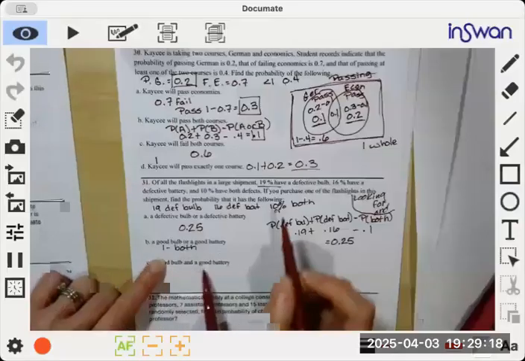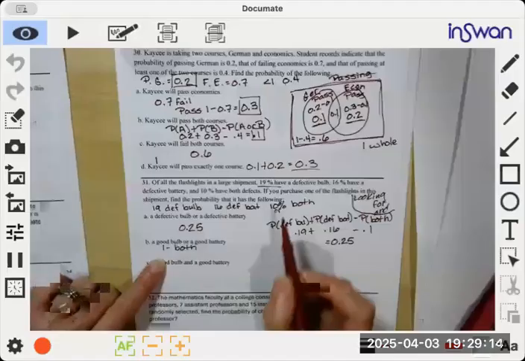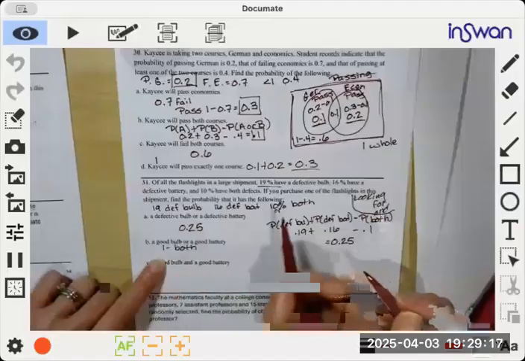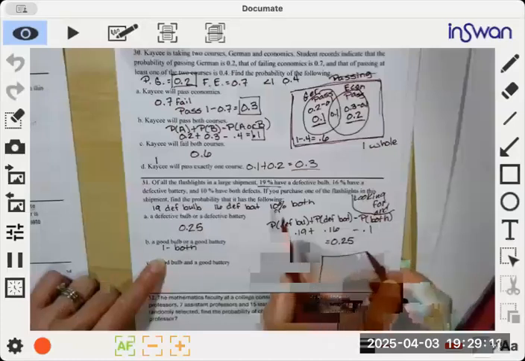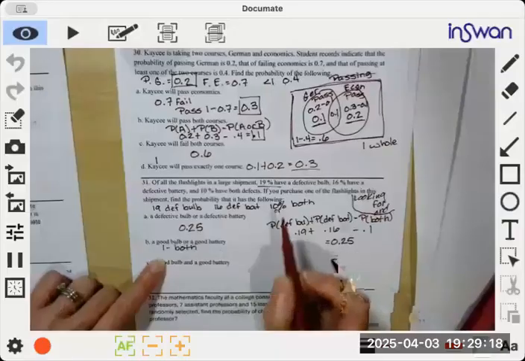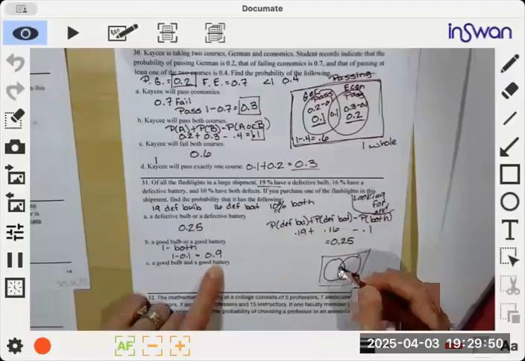And then we have a good bulb and a good battery. So if, I'm sorry, I'm going to do a Venn diagram just to kind of show us here. So the both is the 0.9 in the middle.